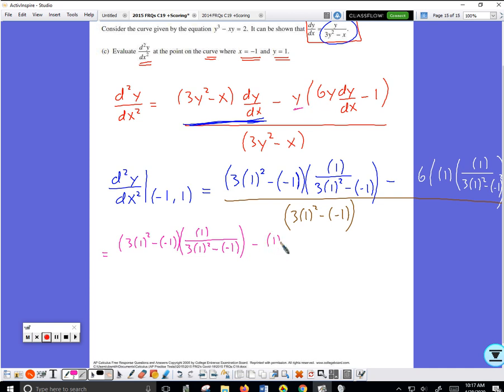So that's 1, parenthesis, 6 times 1 times dy dx again, so that's 1 over 3, 1 squared minus -1. That was my dy dx.